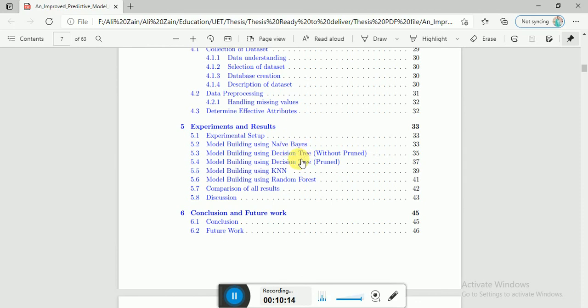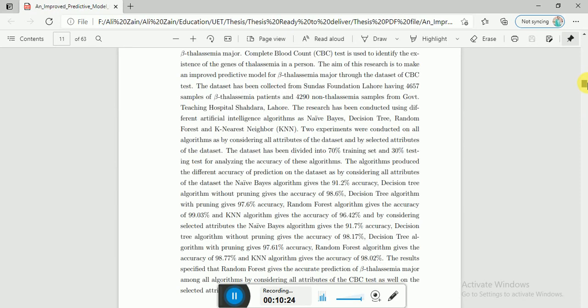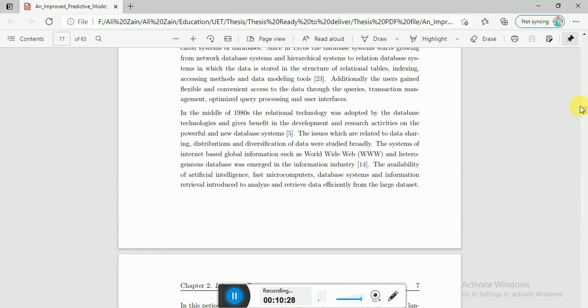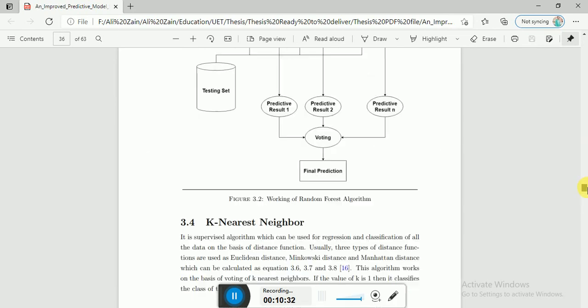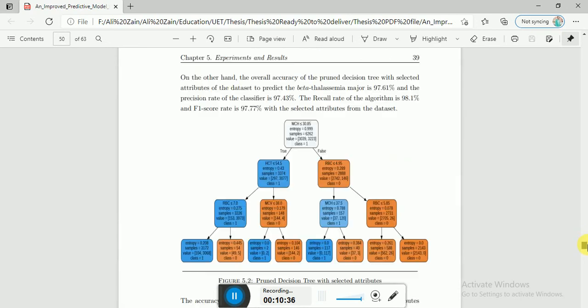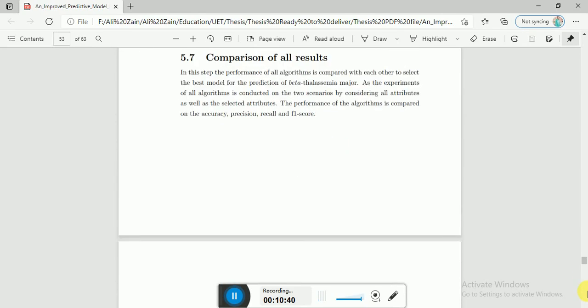You can see naive-Bayes, decision tree, KNN and random forest, which I have shown you in the coding files, conclusion, feature matrix, and the references. So this is the whole research. You can see there are 63 pages showing results and all the research.